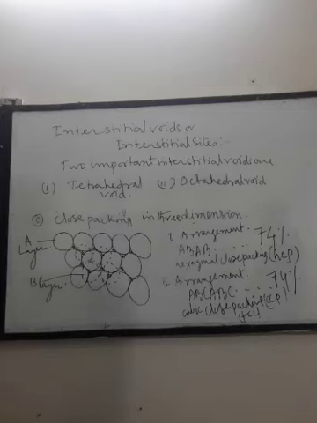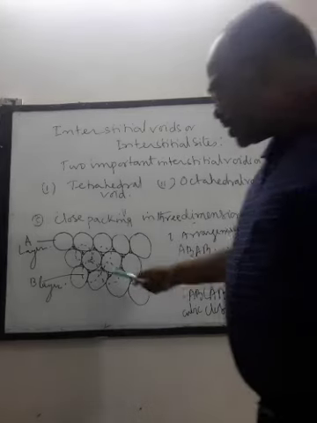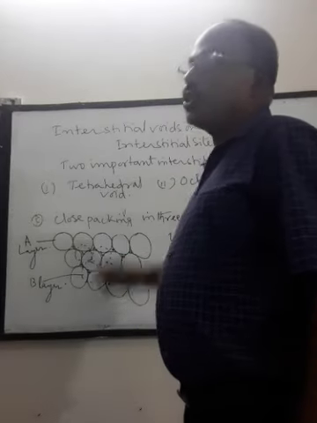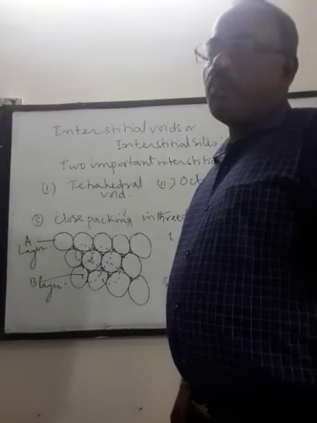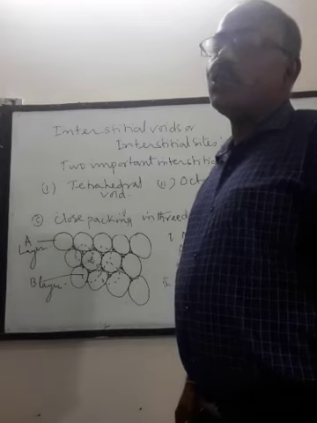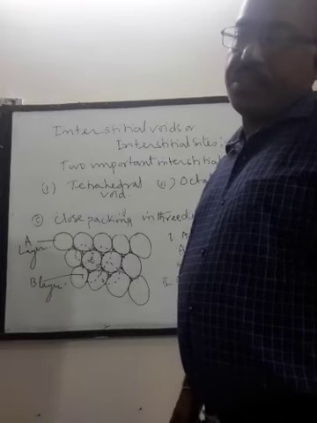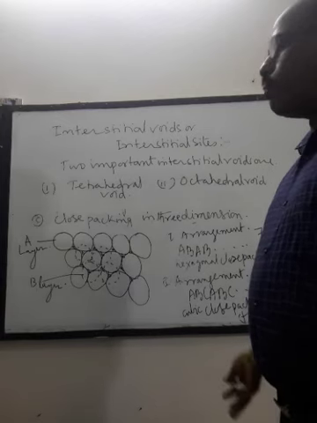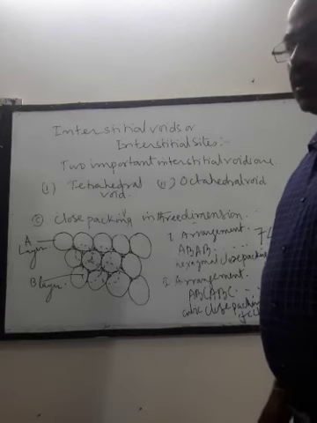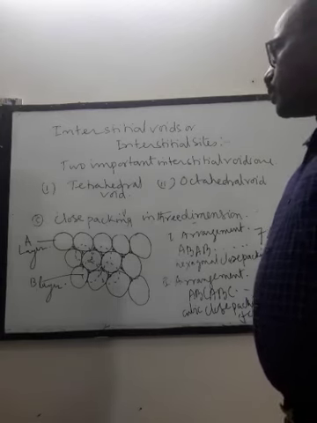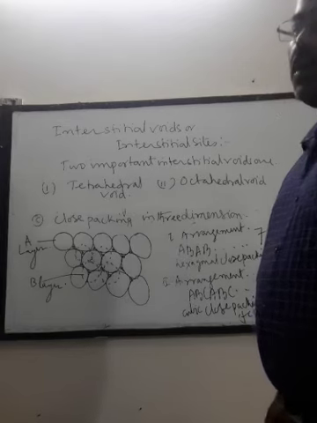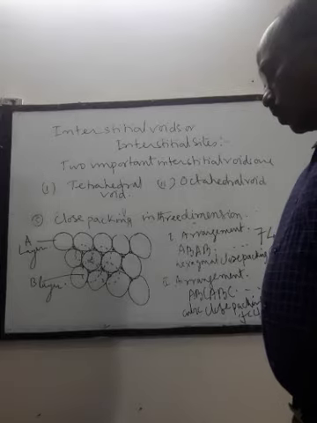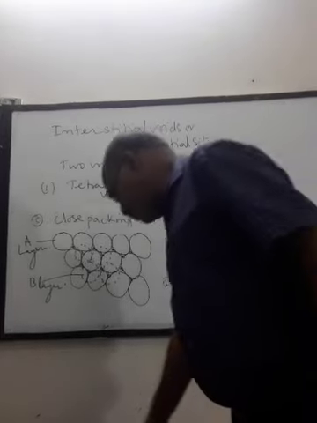What are interstitial voids? These A, B, C are called interstitial voids. Voids means space which is left unoccupied after packing of spheres. There are two types of voids generally available. One is called tetrahedral void and another is called octahedral void.